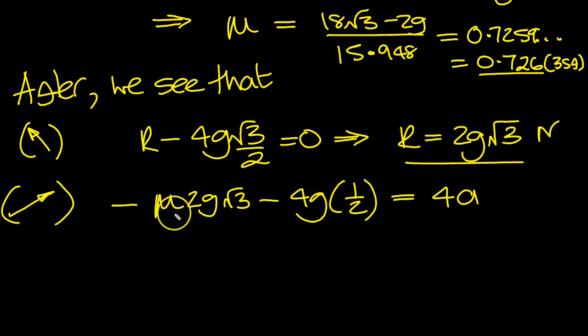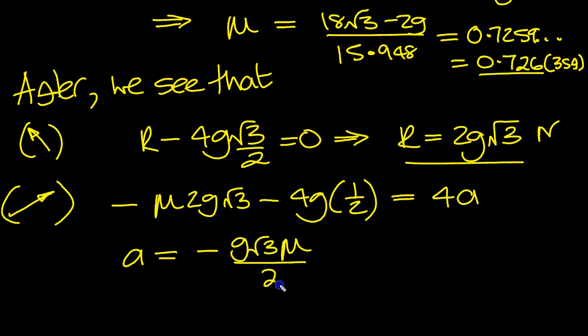So what do we see then? Mu is 0.726, and so the acceleration then is equal to, divide by 4 all the way through, minus g root 3 times mu, I'm dividing this by 4 so there'll be a 2 underneath, minus g over 2, isn't it? Divide by 4, this will cancel, is equal to the acceleration.